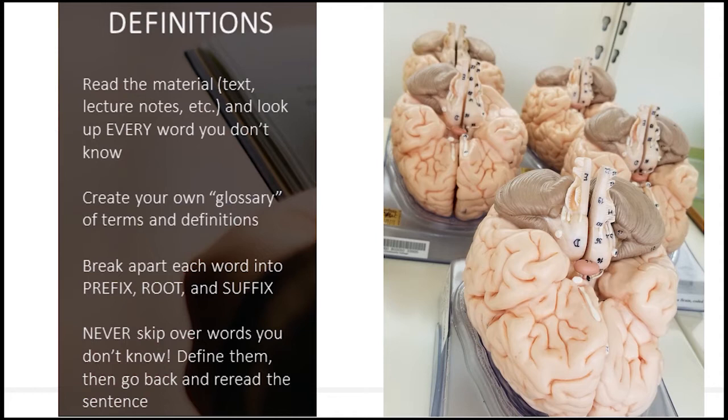Now a lot of times when you're dealing with anatomy and physiology terms, these words are going to be from Latin derivatives or Greek. So you break it up into the prefix, the root word, and the suffix, and you define each of those. You define the prefix, you define the root word, and you define the suffix. And putting those together, you'll be able to get a much better understanding of what that term is actually talking about.